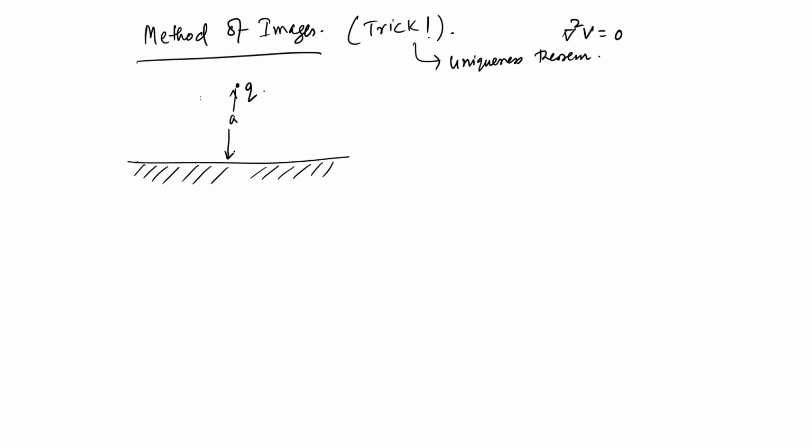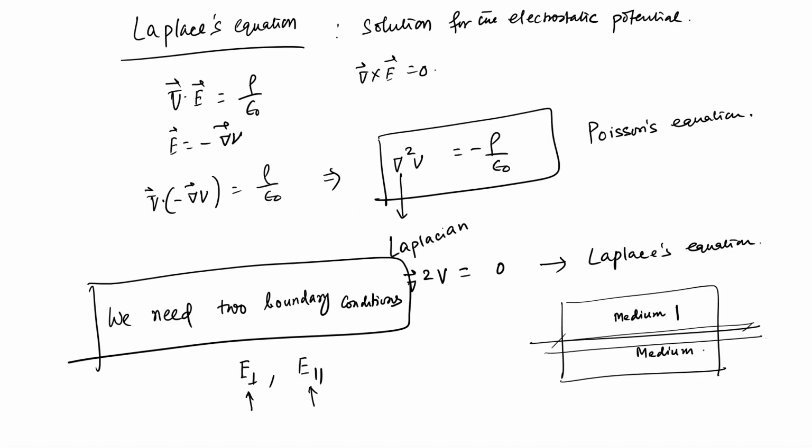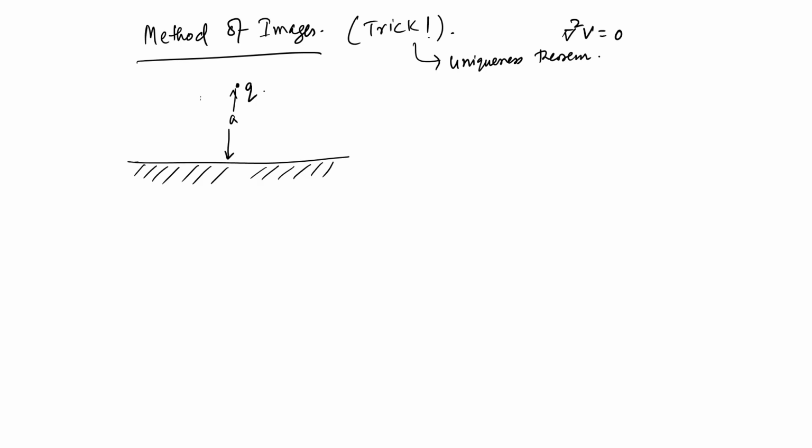So, this is at a distance a there. You want to find the potential everywhere, all these places that you have. Now, you could say that it is q by 4 pi epsilon 0 r, because its potential is 1 over r, and electric field is 1 over r square.